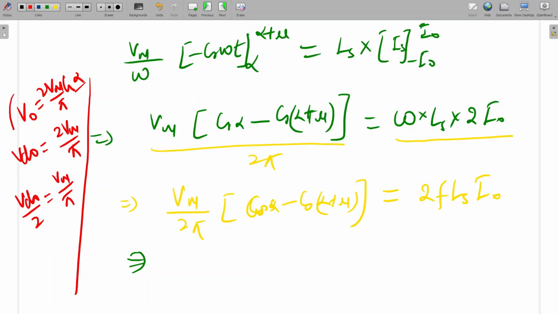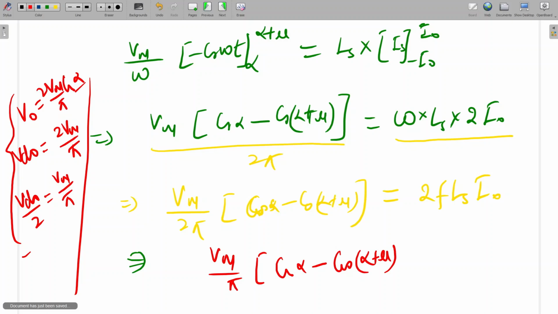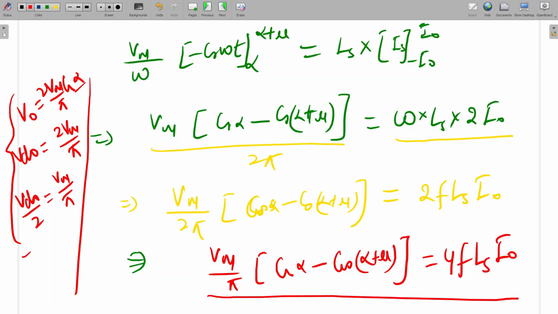So to make that format, Vm upon pi, cos alpha minus cos alpha plus mu, should be equal to 4f Ls I naught. Is it clear? Clear to all? Can anyone reply?